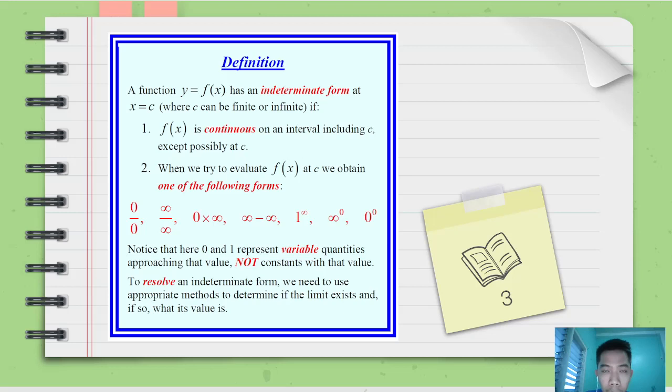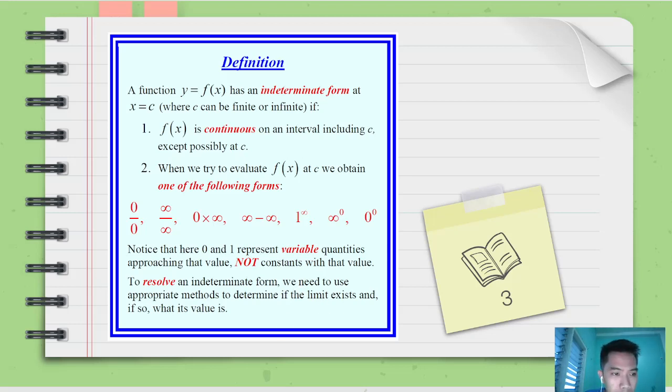For example, 0.0001, negative 0.0001, 0.99999, they approach 0 and 1 respectively. So they are not constants with that exact value. To resolve an indeterminate form, we need to use appropriate methods to determine if the limit exists, and if so, what its value is.